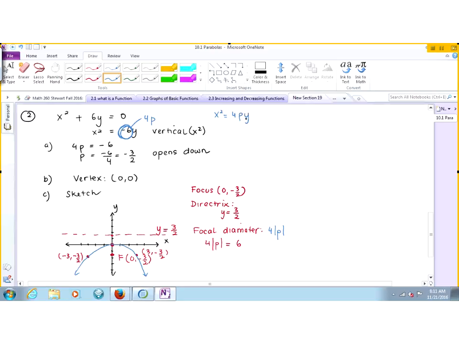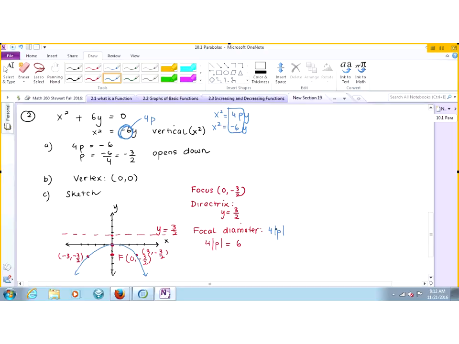Remember, the formula is x squared is equal to 4py. So this equation is x squared is negative 6y. So what do you get? Well, 4p is equal to negative 6. Right? But you have to take the absolute value because we're talking about the length. When we're talking about length, it has to be positive 6, not negative 6. Is it okay? Okay, good.